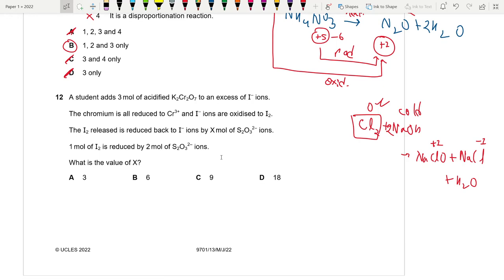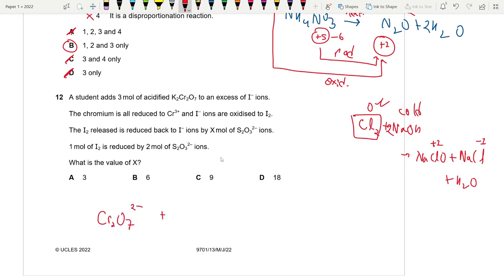Okay. Let's see. So we basically have Cr2O7 2-.